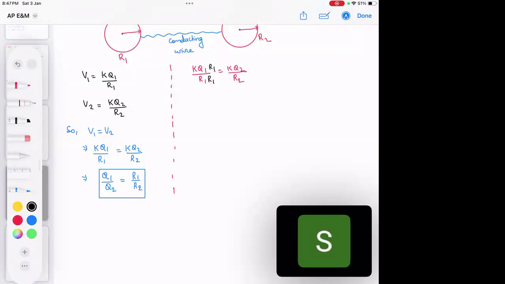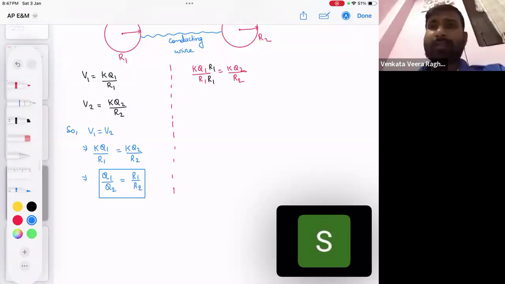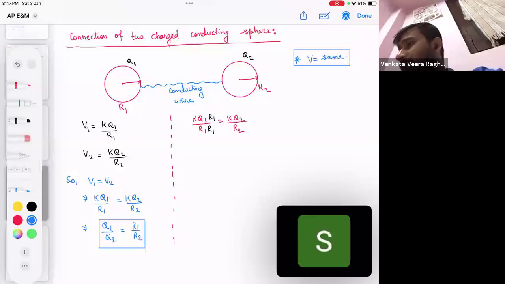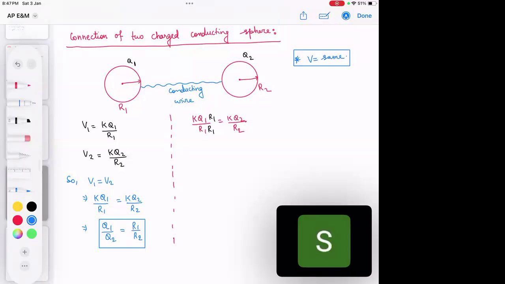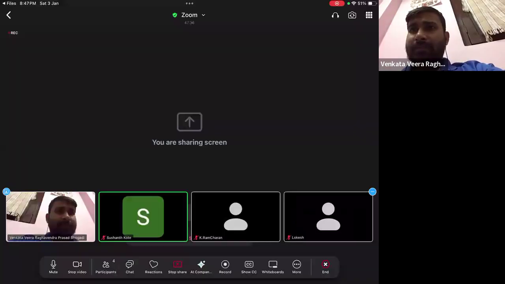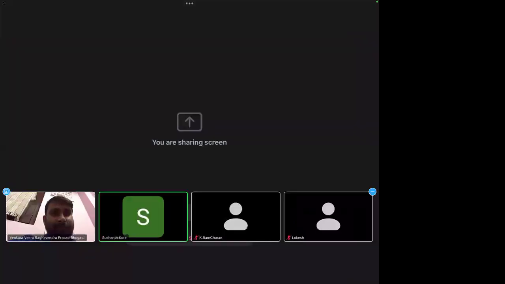Your screen is not showing here, please check it. The screen is not visible. I think you haven't shared it.